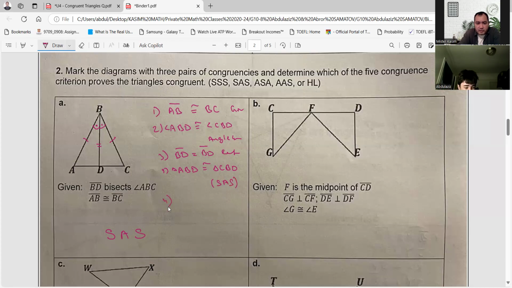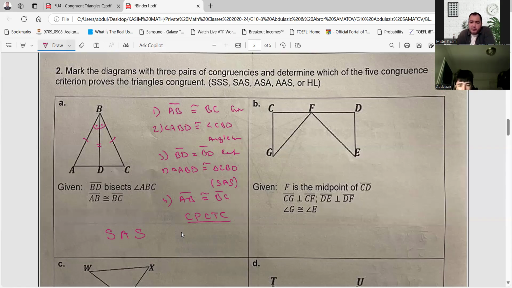And now the conclusion is that since it is so, then AB is congruent to BC. Why? Congruent parts of congruent triangles are congruent, CPCTC. Okay?